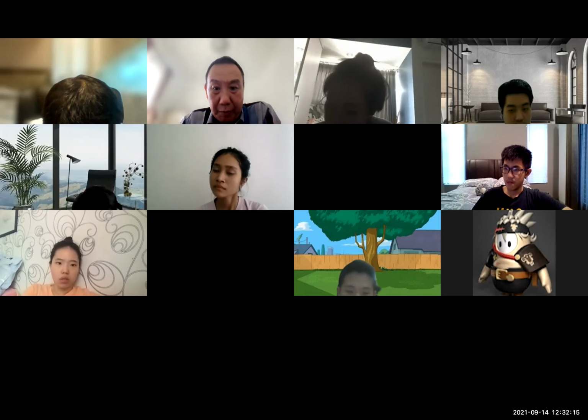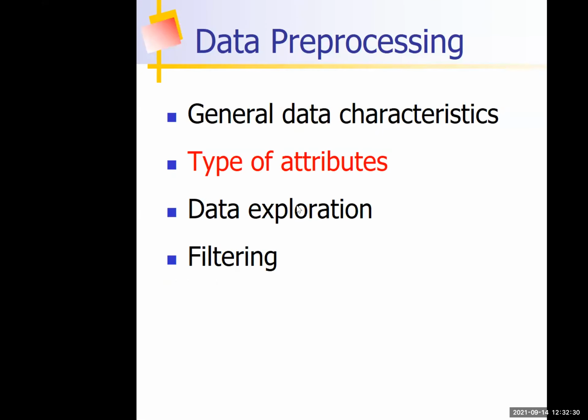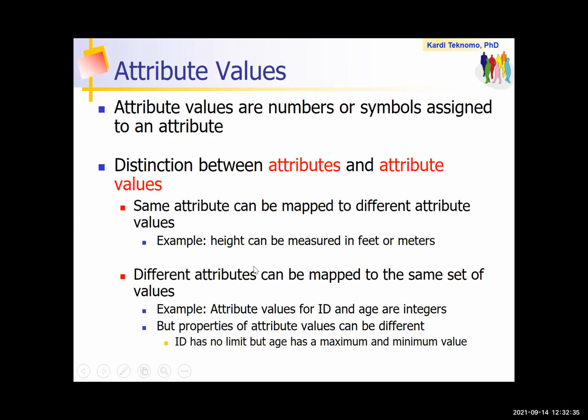The second topic is about measurement of scale. It's a type of attribute. Attribute values are numbers or symbols that you assign to an attribute. What's the difference between attribute and attribute values?